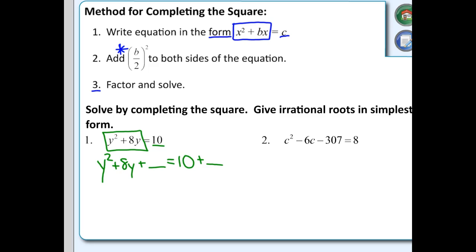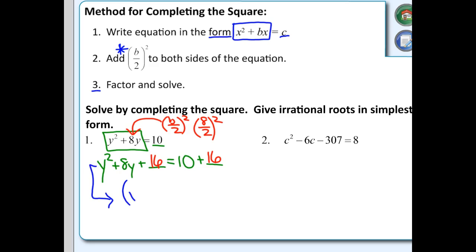Now how are we going to find C? Remember, it's b over 2 squared. And if you look, b is 8. So we're going to have 8 over 2, which is 4, and 4 squared is 16. So we're going to plug in a 16 here, and whatever we do on one side of the equation, we have to do on the other. Now that we forced this to become a binomial squared, how would we factor that?